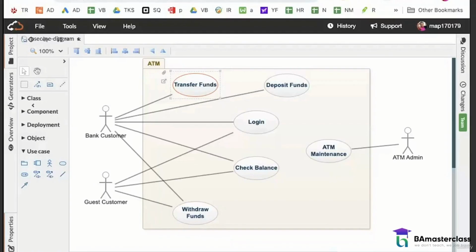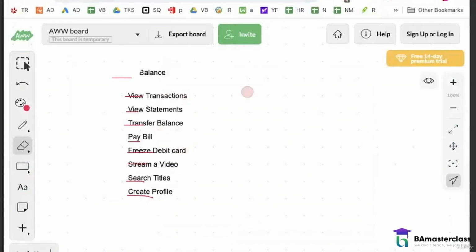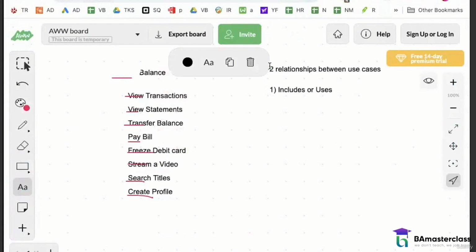So when we talk about the relationships between use cases, there are two relationships which exist between use cases. Number one is known as includes or uses, and number two is extends.